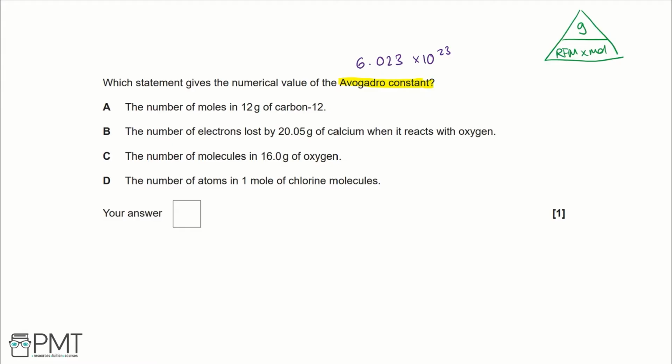So we do 12 divided by 12, which equals 1 mole, which is not Avogadro's constant, so the answer is not A.